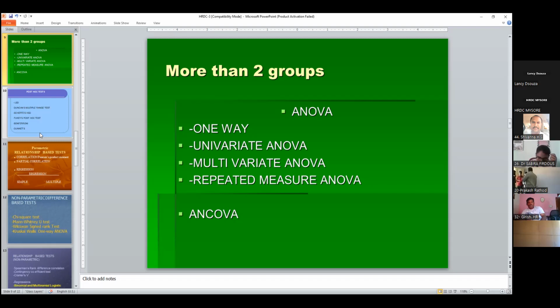Number 20, Prakash Rathod sir, can you mute? Prakash Rathod sir, please mute.